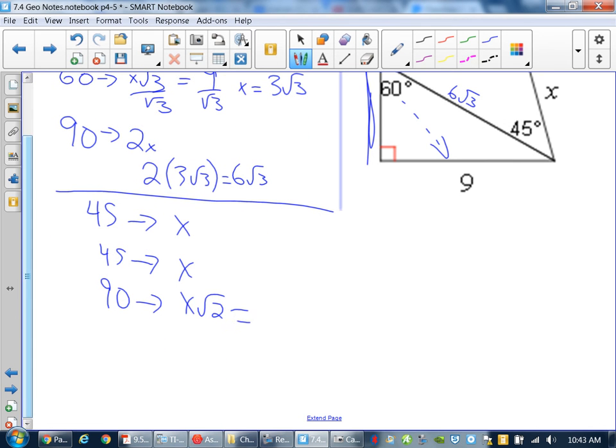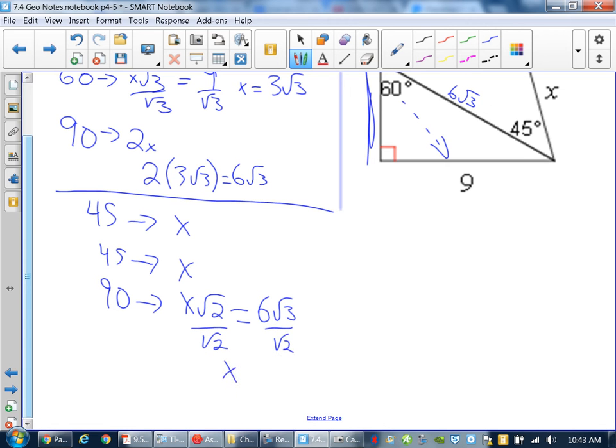So you set this equal to the 6 root 3. And once again, all you have to do now is use your calculator to figure out what the value of x is. How do you undo multiplying by root 2? Divide by root 2. So you divide both sides now by that root 2.